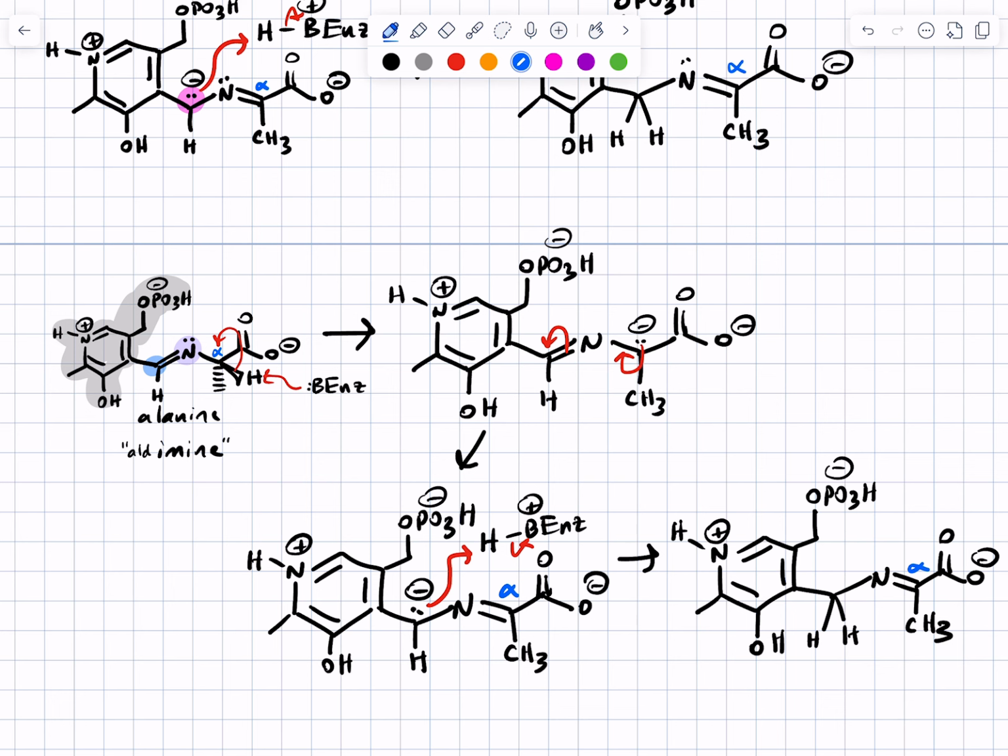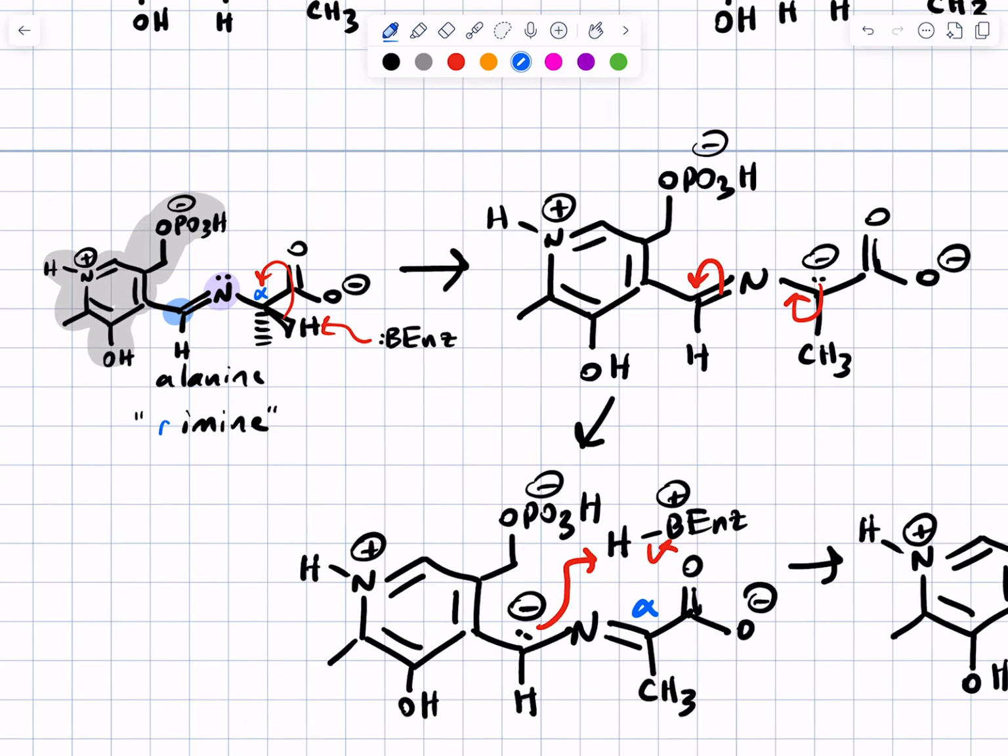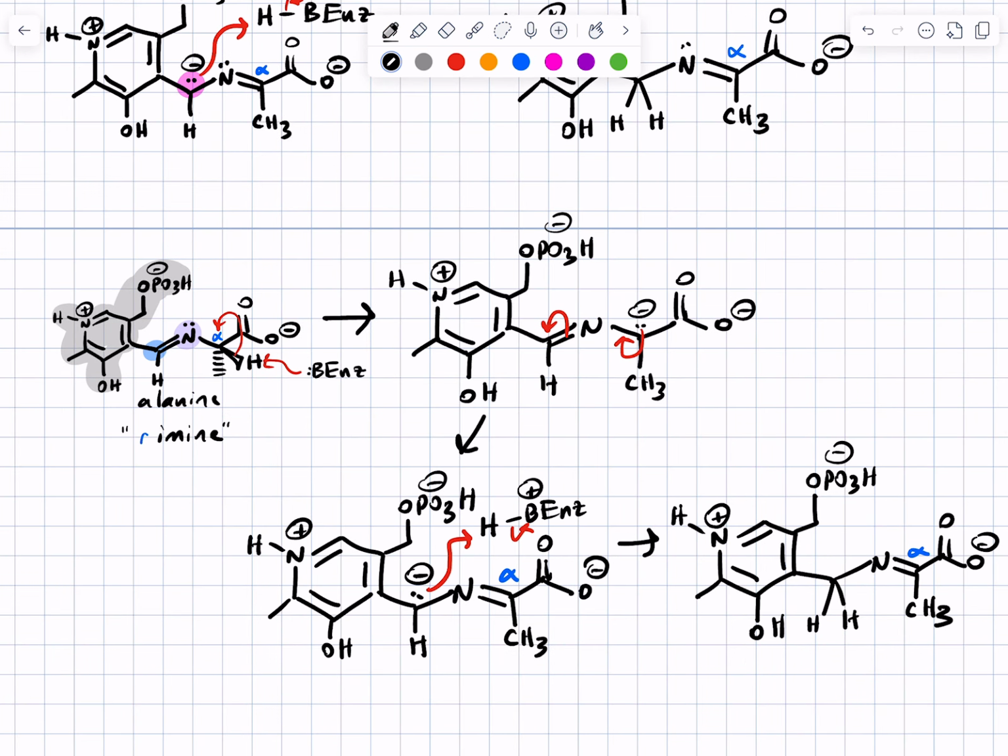Okay, questions about getting from the alanine aldimine to this product? It's really just two proton transfer reactions. And because it's two proton transfer reactions, we'll call this tautomerization.